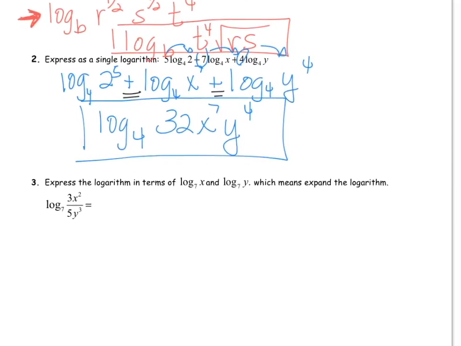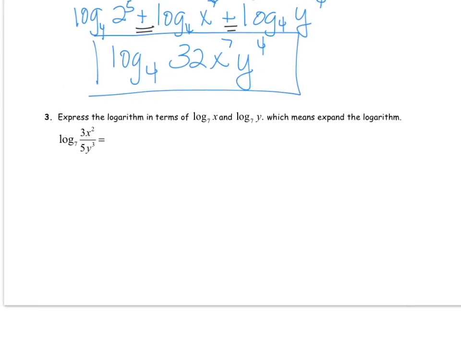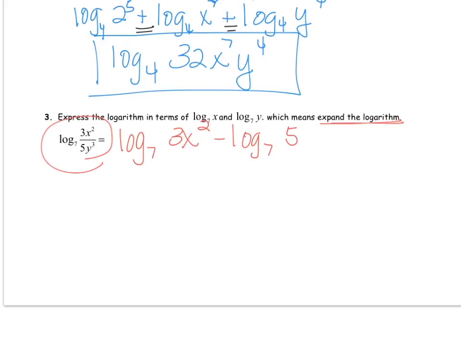I could also ask you to separate something like this, expand the logarithm. So the first thing I want to, I guess I should say, undo is this division here. So I'm going to change this to log base 7 of 3x squared minus log base 7 of 5y cubed.